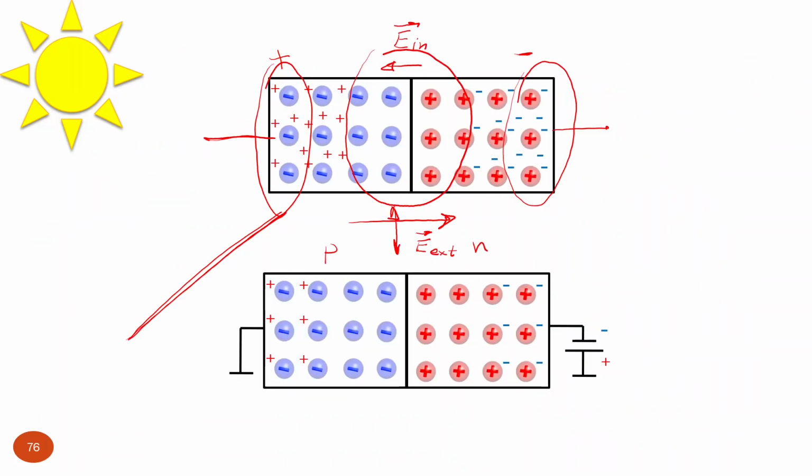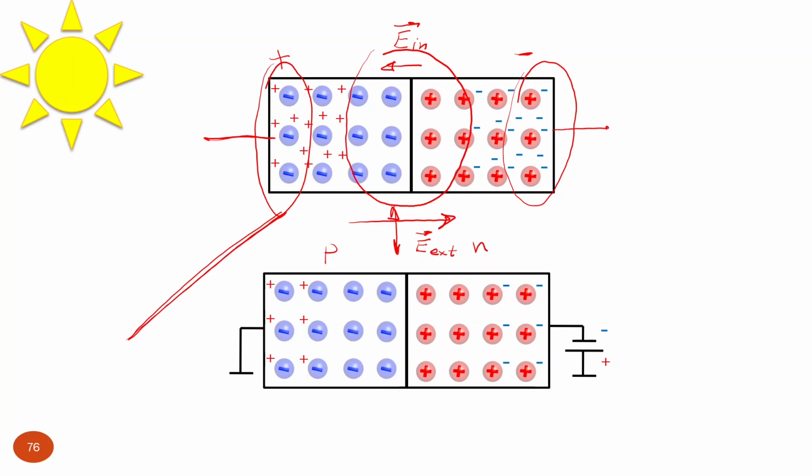So now actually it would be good to come back to this slide. We said that under illumination we have significantly increased drift current by minority charge carriers, and at the same time we have forward bias of the illuminated p-n junction.